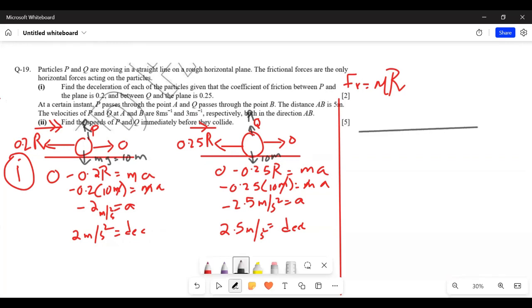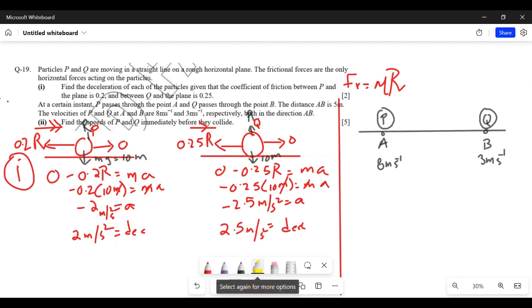All right. So they're saying that at a certain instant, the particle P passes through the point A. This is A, this is particle P. And Q passes through B. So this is particle Q passing through B. And their speeds are 8 meters per second and 3 meters per second.